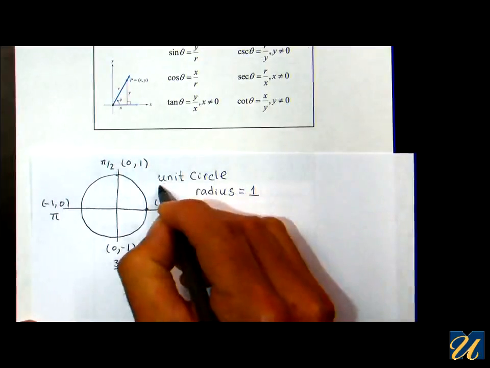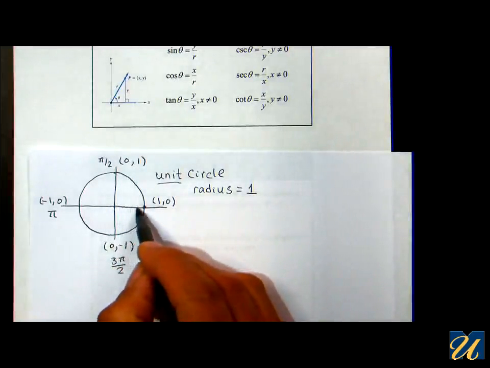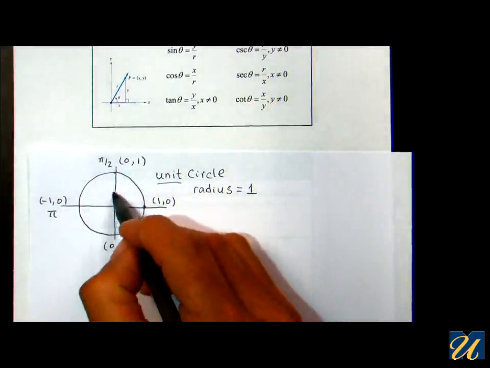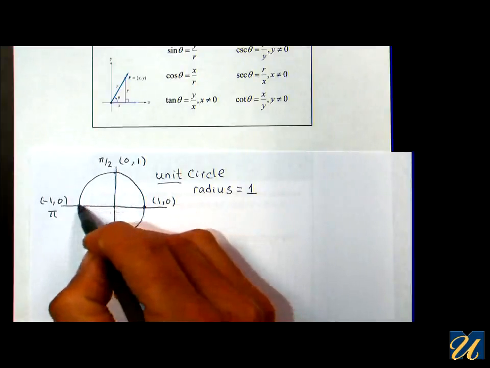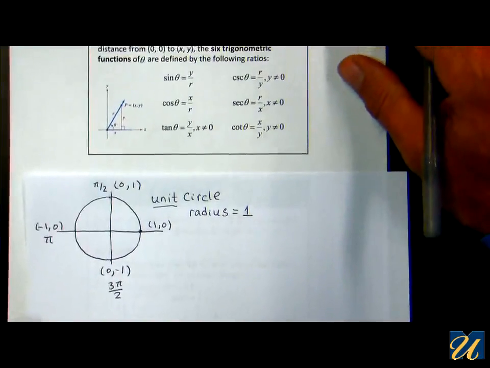And that's what unit means: a circle of radius 1. Therefore, this distance here is 1, this distance is 1, this distance is 1, and this distance is 1, since it forms the radius of the circle. So notice what happens here in the definition of these trig functions.